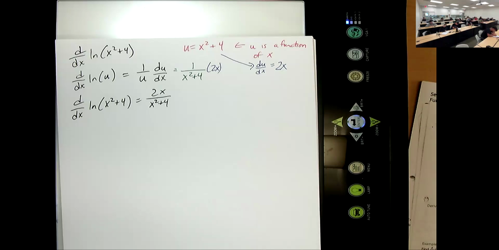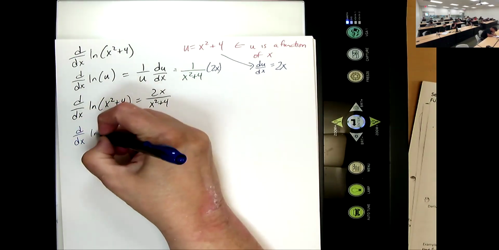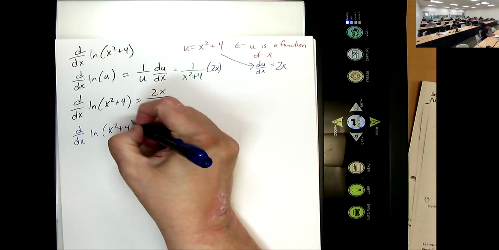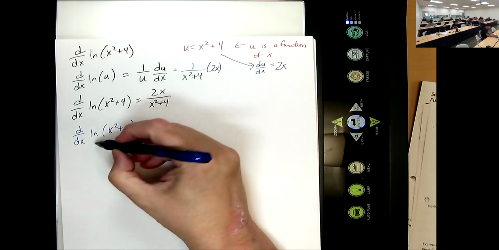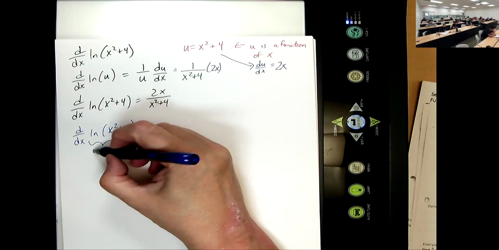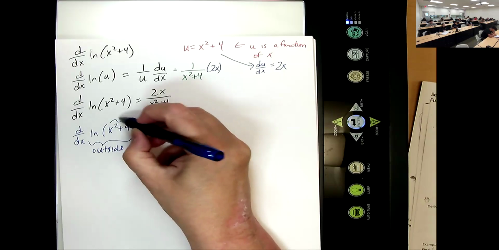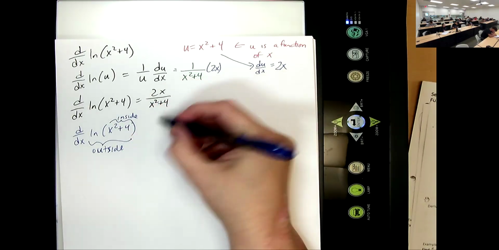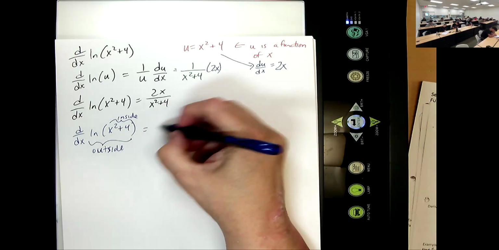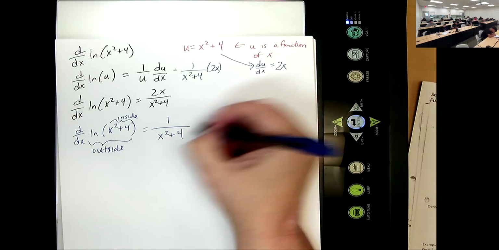Another way to look at this is the chain rule. So we have to hit the derivative of the outside, then the inside. The derivative of the outside, the derivative of natural log, is just putting that on the bottom.